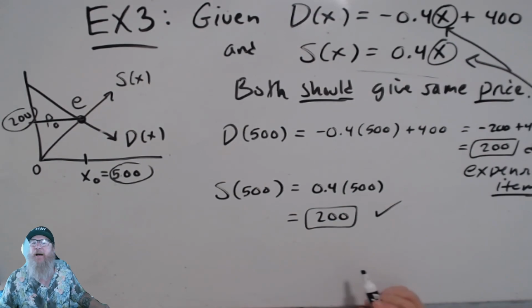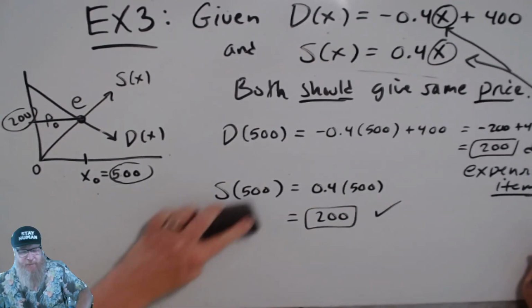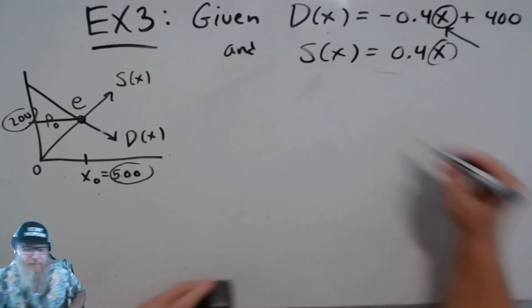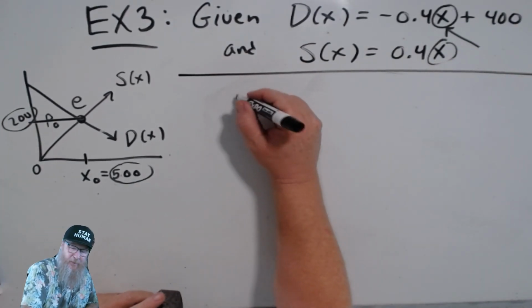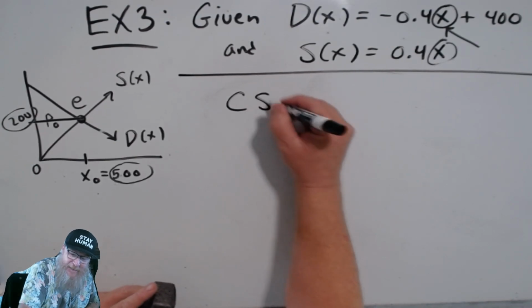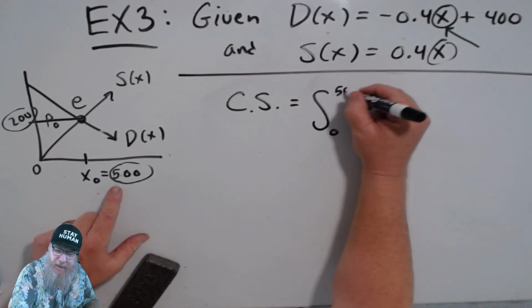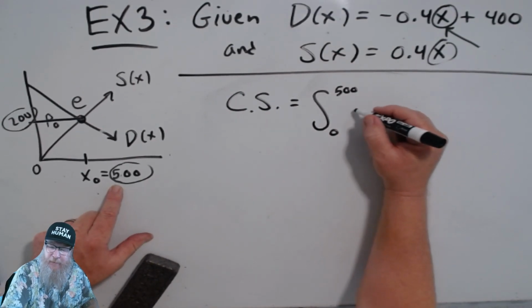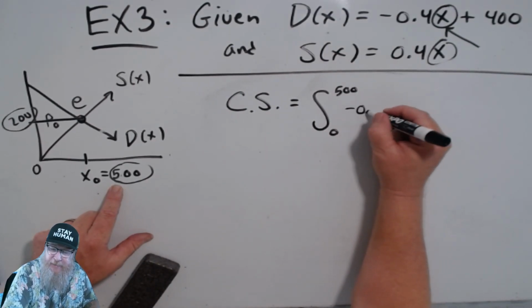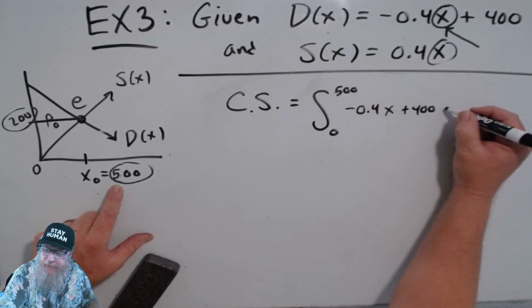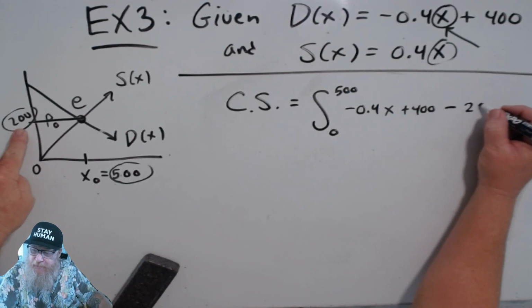So now we can find the consumer and producer surplus. So CS, the integral from 0 to 500 of D of x, negative 0.4x plus 400 minus P0, 200.